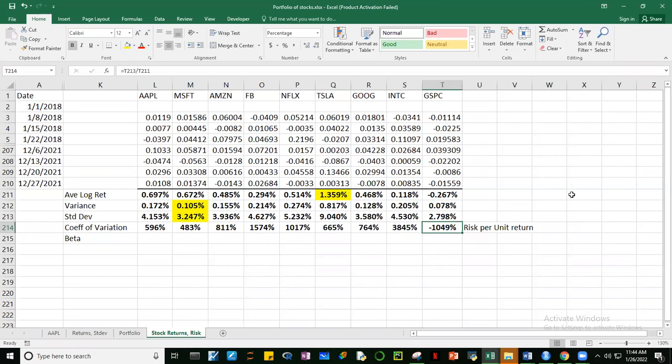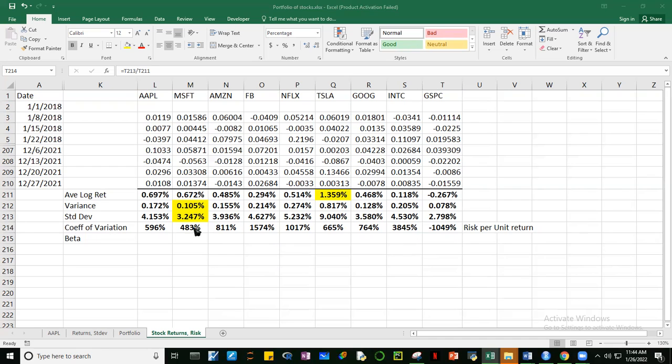Anyone? Sir, wouldn't it be Microsoft? Yes. Bakit Microsoft? Because for every unit of return, you're assuming 483% amount of risk. Compared to the other companies, it's less. Yes, correct. Thank you, Angelo. You're correct, no? Tama. Tama si Angelo.